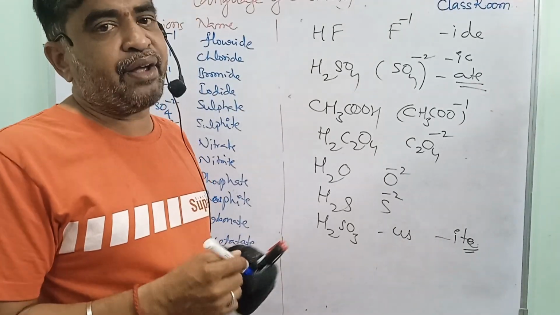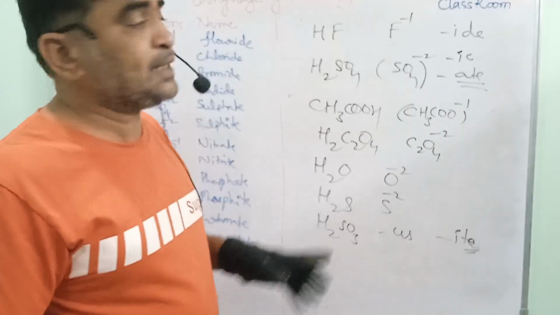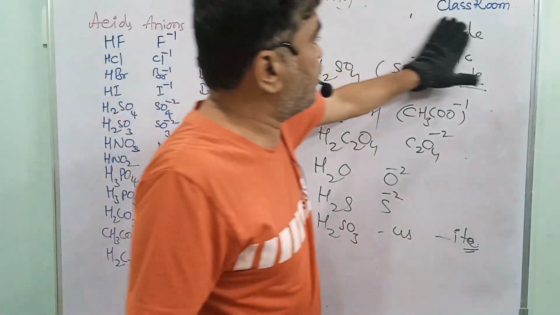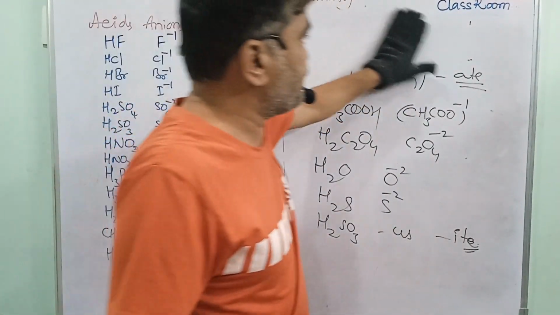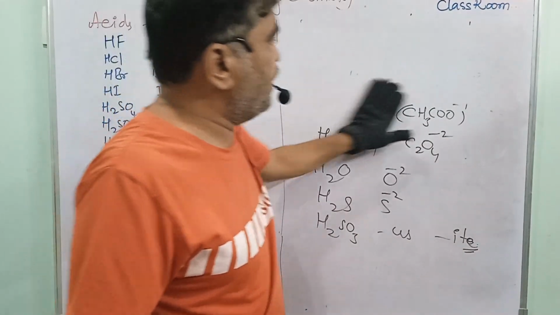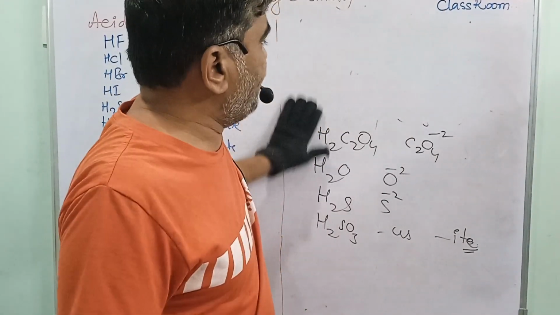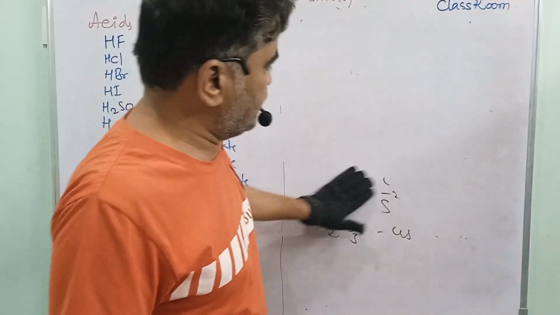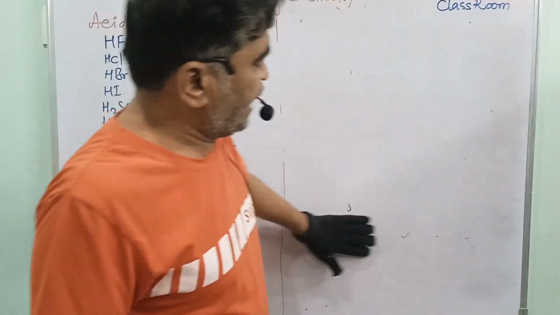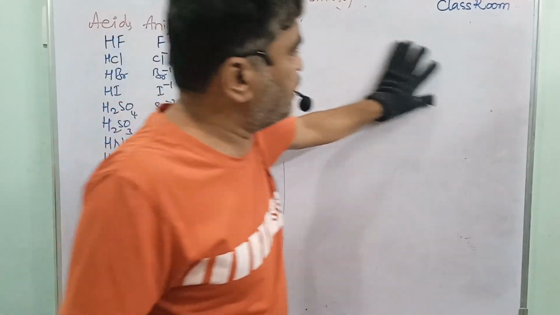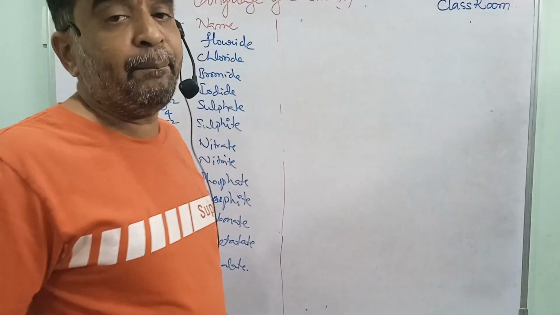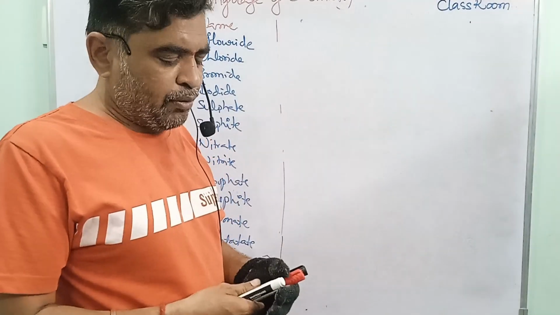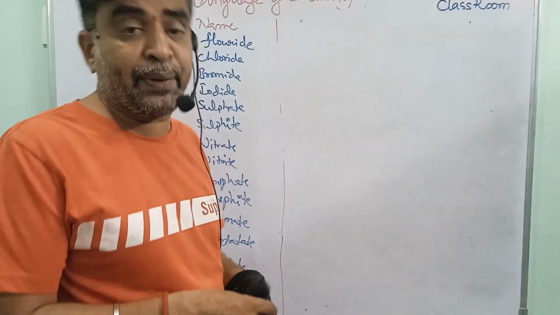Okay, that is anions. They come from the acids, and second is cations. They come from the bases. Generally, metals form the bases. You know very well the first group elements, the second group elements, and the third group elements. They form the base because they have the metal property.